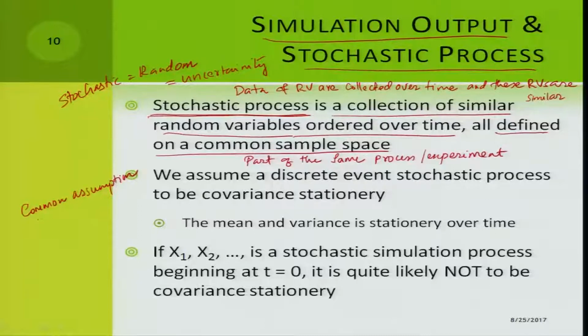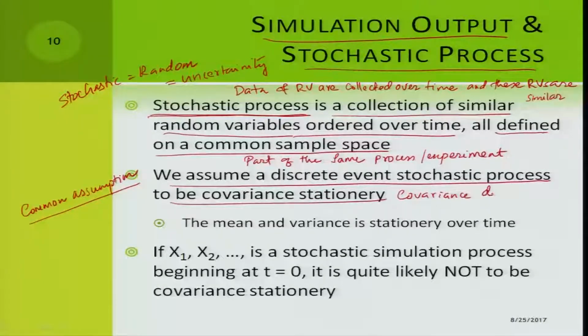The common assumption we use is that a discrete event stochastic process is covariance stationary, which means the covariance does not change over time. As time progresses, the covariance of the process remains stationary. If you graph it, with this as the time axis, it will be stationary. It won't change over time.